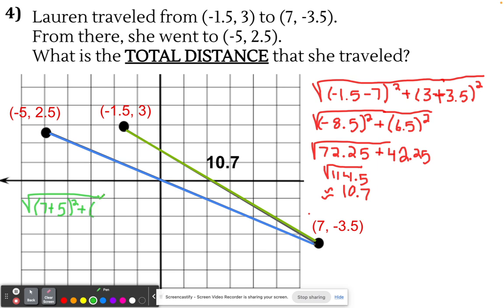I should have done this one in blue and this one in green. If I were thinking, I would have done that. Negative 3.5 minus 2.5 to the second power. Extend my square root sign. Well, 7 plus 5 is 12, so I have 12 to the second power.